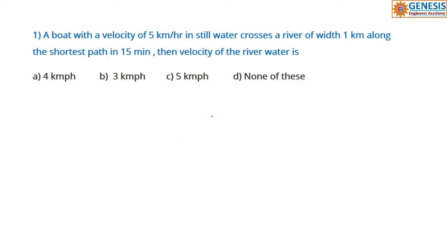The velocity of the boat in still water is 5 kilometers per hour, the width of the river D is equal to 1 kilometer, and the time given is 15 minutes. He is asking about the shortest path.